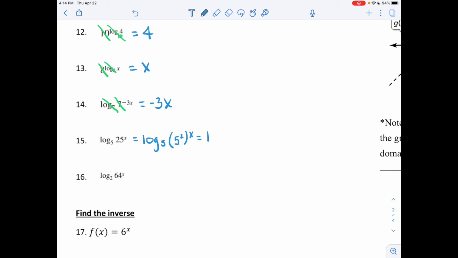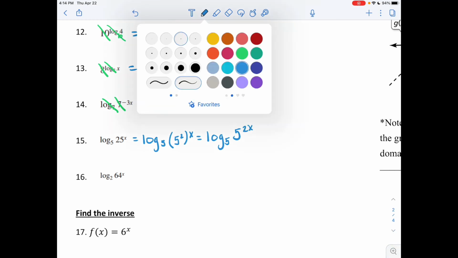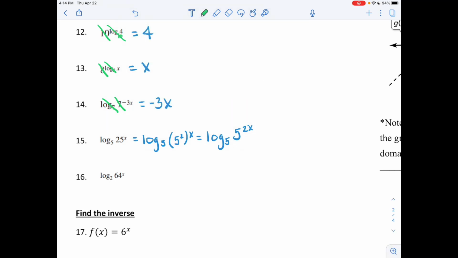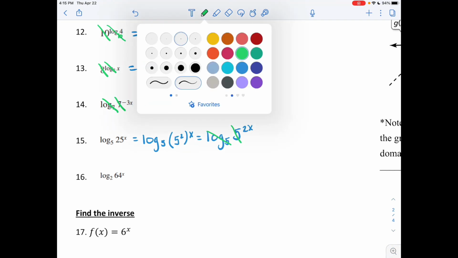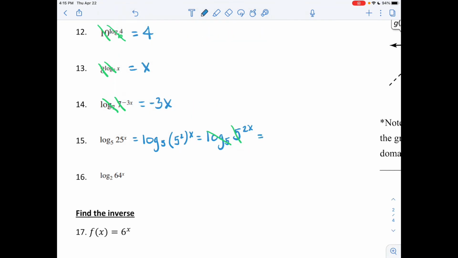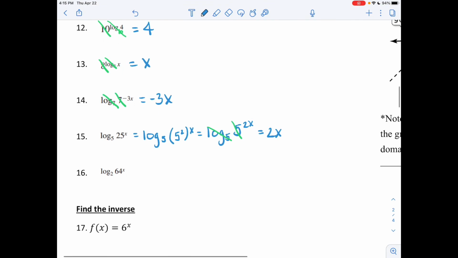So this is also the same as log base 5 of 5 to the 2x power. Now I do have the same base. I have a log with a base of 5 and an exponential function with a base of 5. So then I will be left with simply a 2x. Why don't you try this last one, number 16, come back here and see how you did.